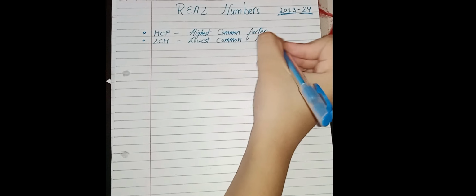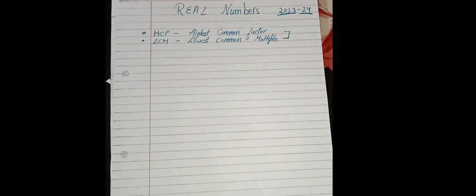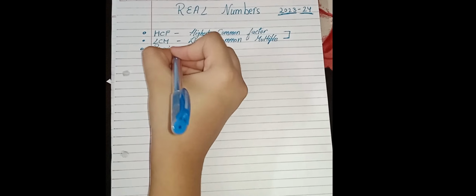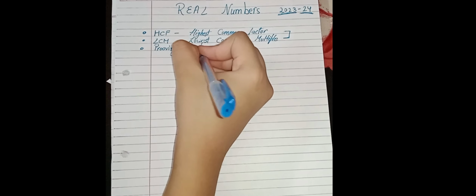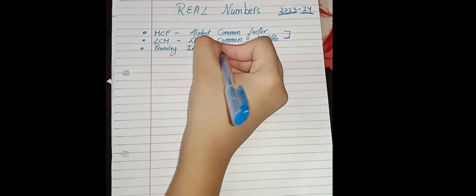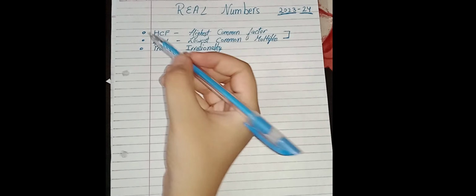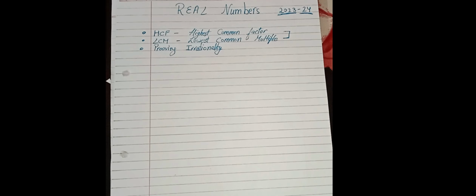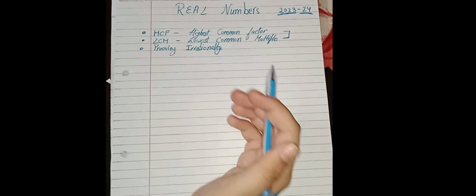We have learned this in our previous classes many times, so we just need to recapitulate these topics. The third is proving irrationality. This topic is also very easy if we understand it clearly. And there are one or two equations that we are going to learn to apply in our word problems. So this is all about the chapter.